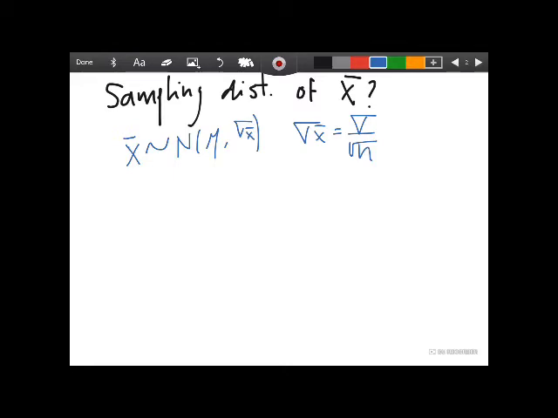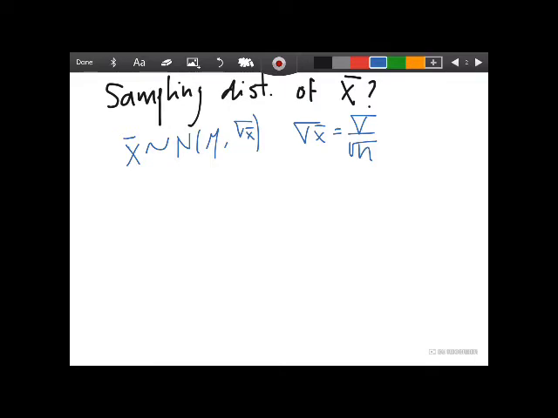This specific case is for the situation where sigma is known. So if sigma is known, then we know the specific distribution, and we also know that 95% of the time the values will be within 1.96 standard deviations.